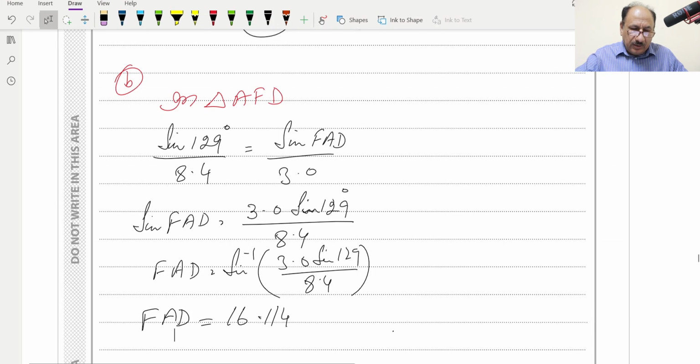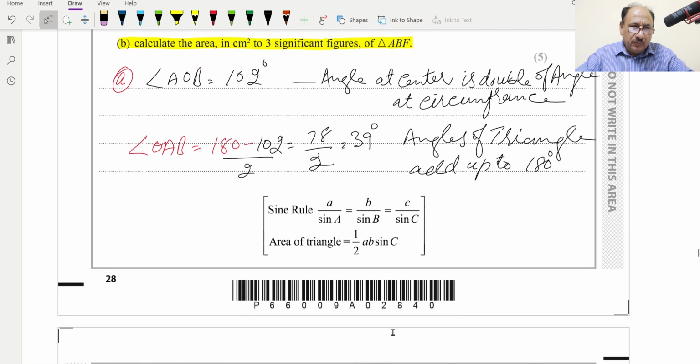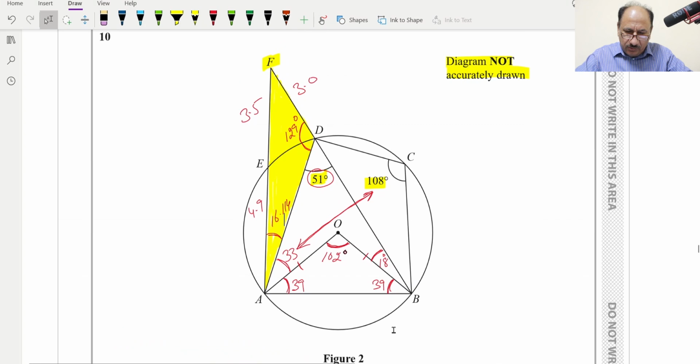So 16.114 is this angle FAD. Now we have this angle, we can find AD also.